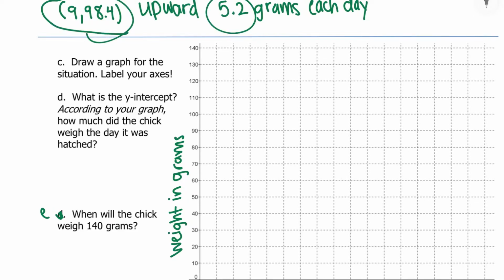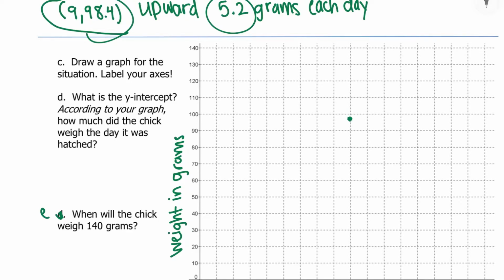So we're going to go to 9 days and 98.4. So 98.4 is a little over 95. Well, it's closer to 100, so I'm going to get close to that, but not exactly. So I'm going to go to 98.4. So that's about right here. Sorry, my dot's not great.